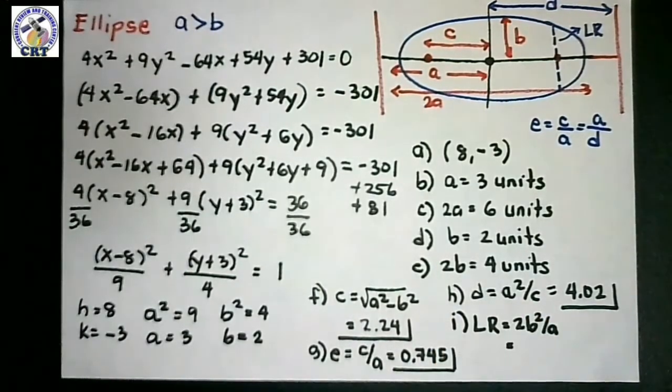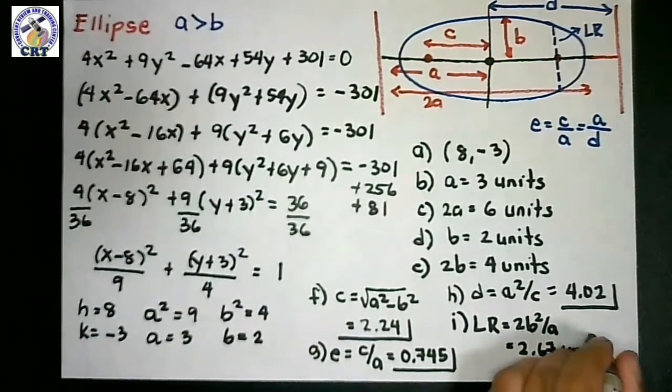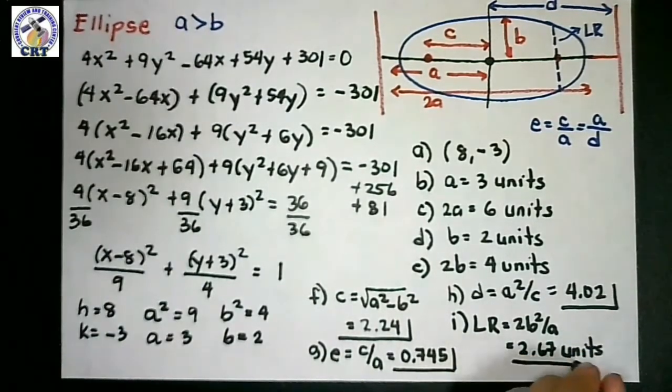So, pag sinolve natin yan, 2 times b squared, which is 4, over a, which is 3. So, our answer is 8 over 3 or 2.67 units kasi length din yan. Okay, so this is our solutions for ellipse.